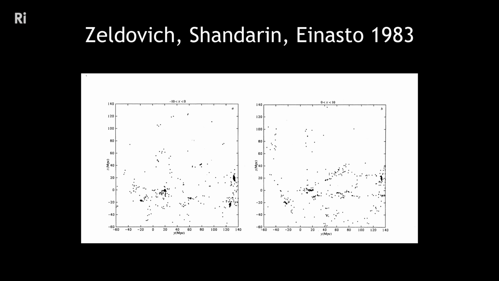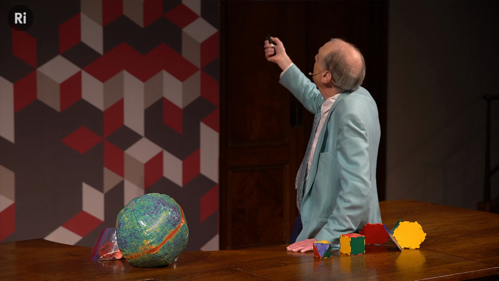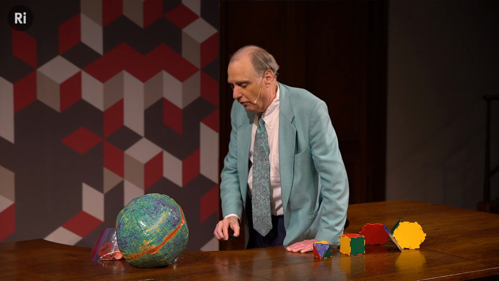Now in 1983, Zeldovich and Shandarin and Einasto wrote this important paper. Let me go back and show you this. If you take a slice of this universe, you expect it to show a cellular structure, okay? And let me mention that, of course, this is in a way exactly the opposite of the American school.